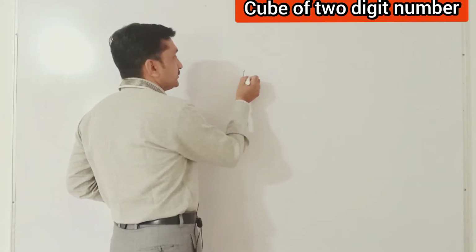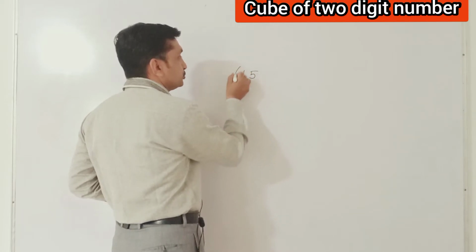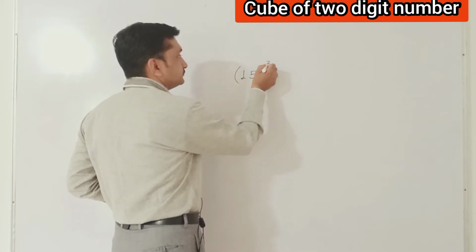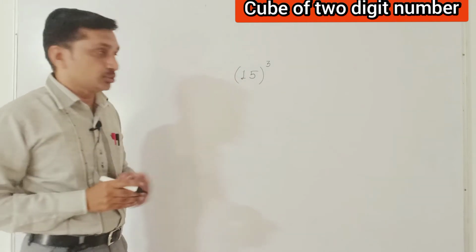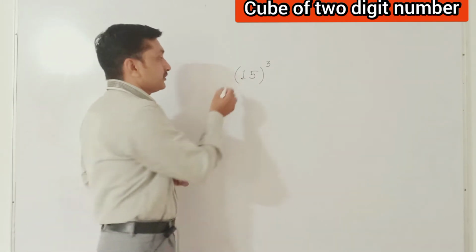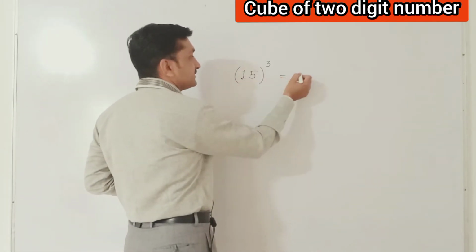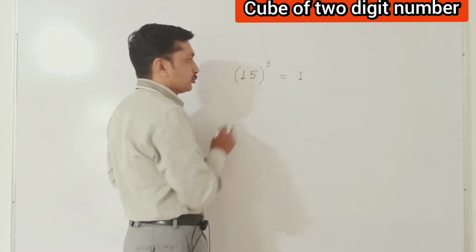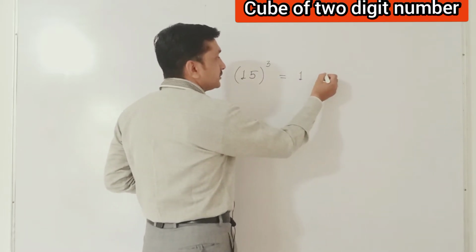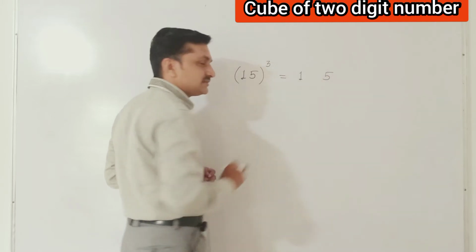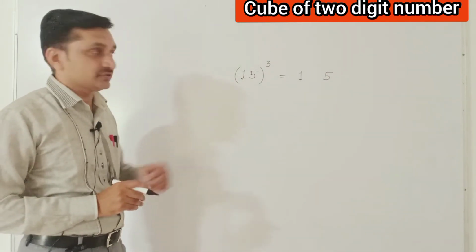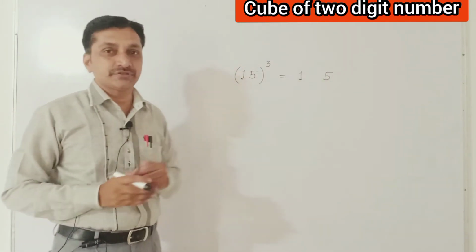First, I take a number starting with 1. We want 15 cube. First number write as it is, 1. Second number as it is, 5, the tens place digit and unit place digit.